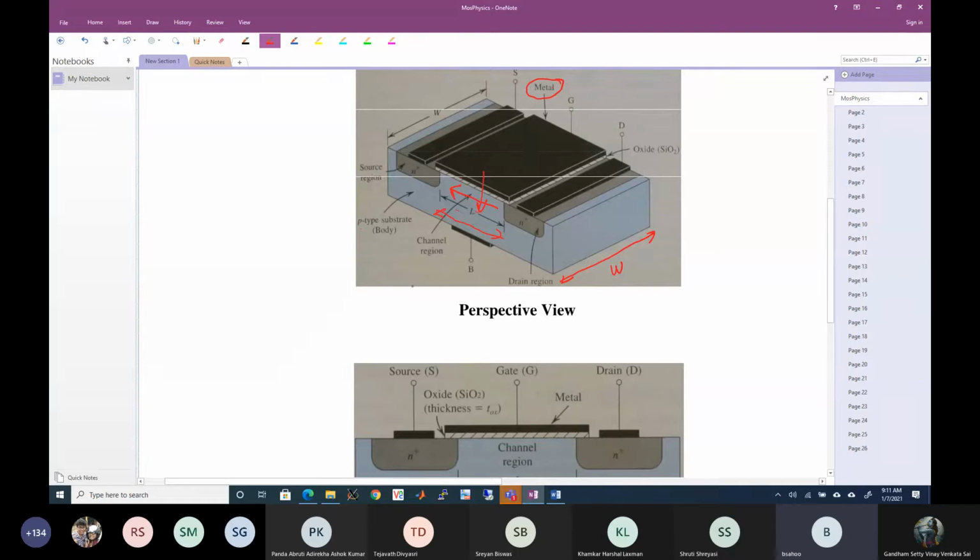The length is the distance between the source and drain. There are two kinds of length. One is called the drawn length, and the second is called the electrical length.